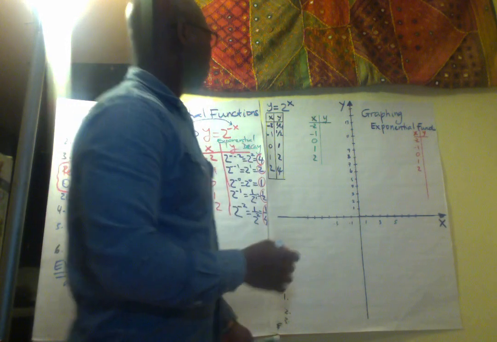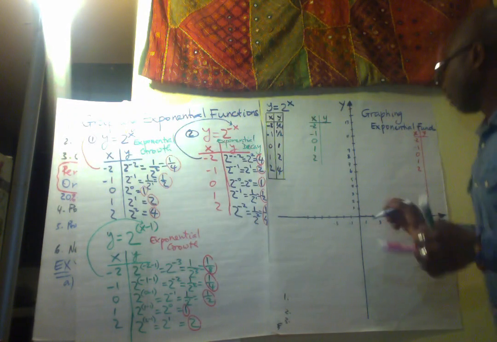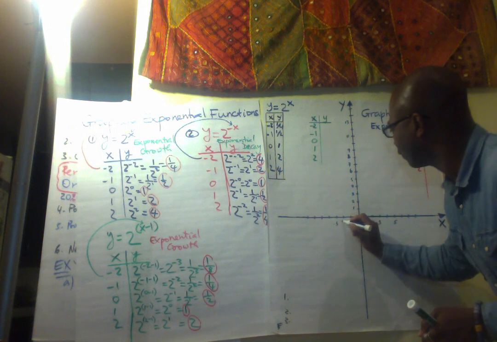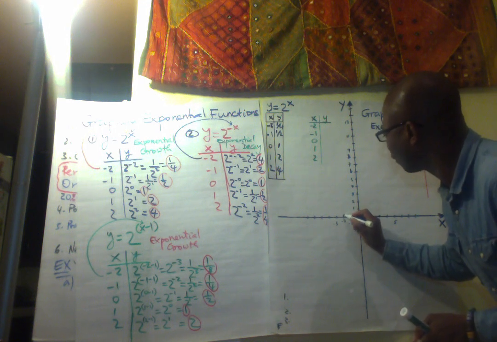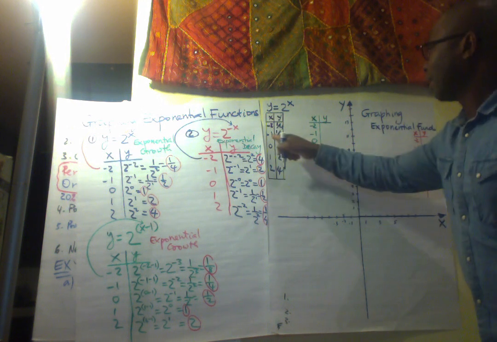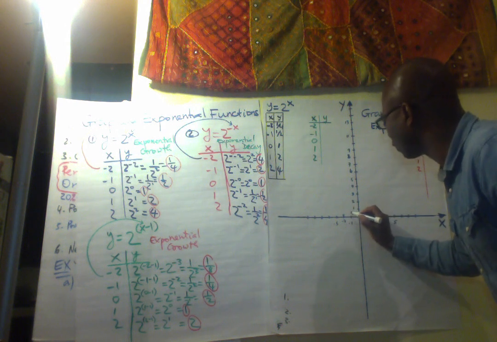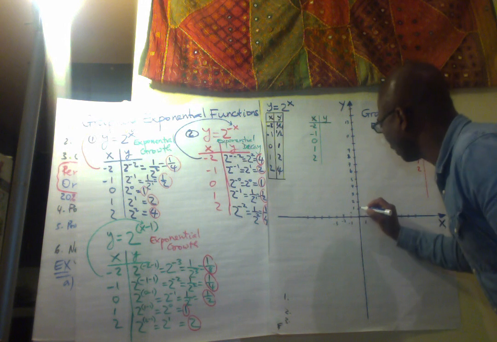Okay, so we could graph these guys quickly. At -2, we are at a quarter, somewhere here. At -1, we are at 1/2, somewhere here. Then at 0, we are at 1.